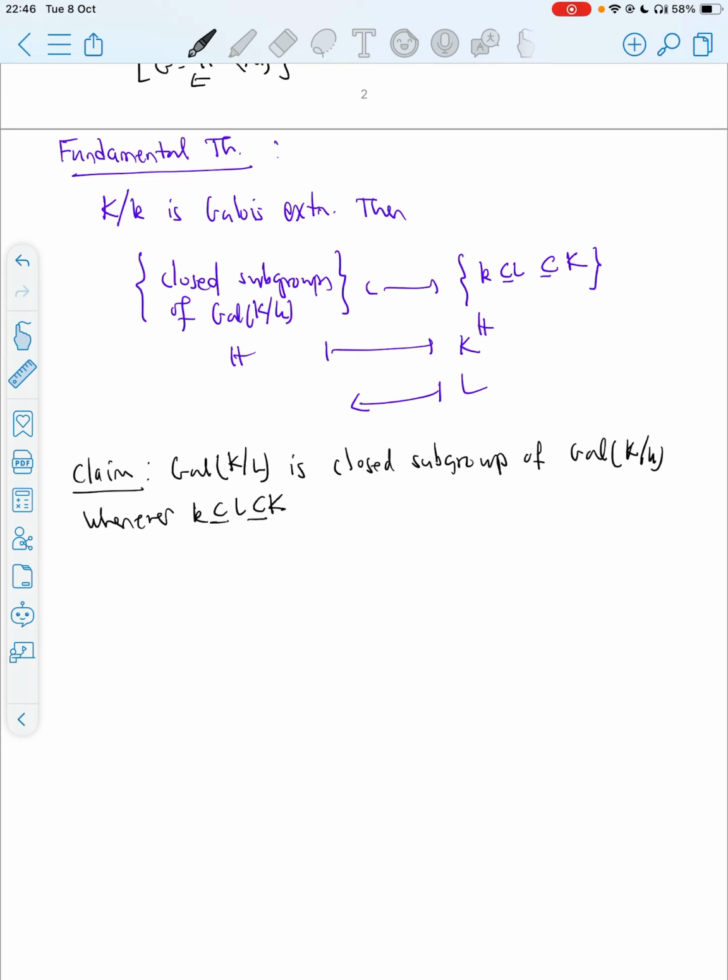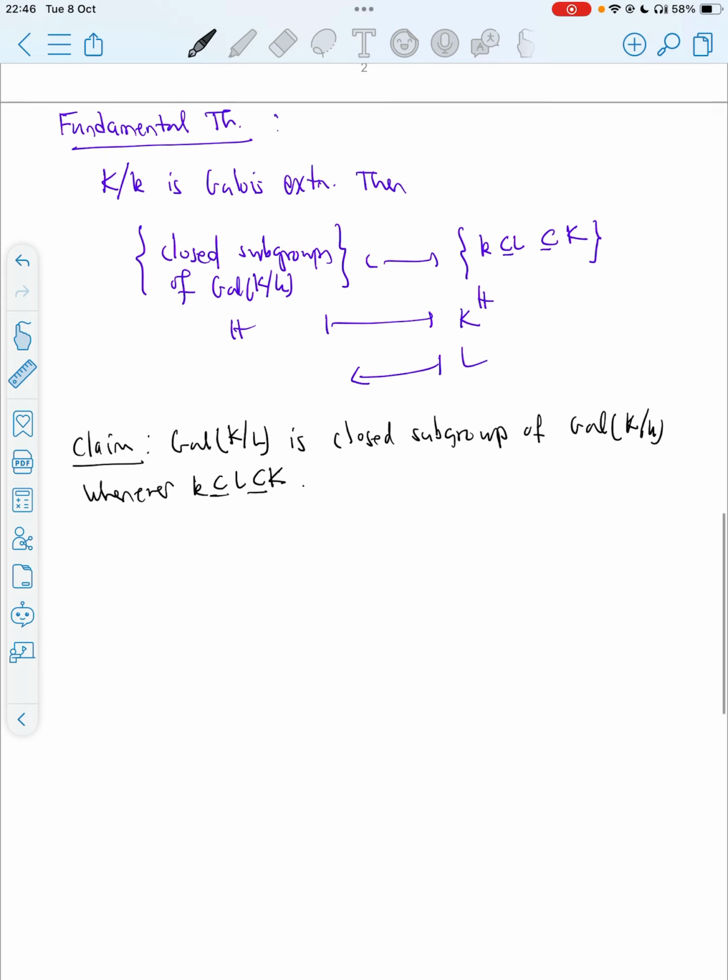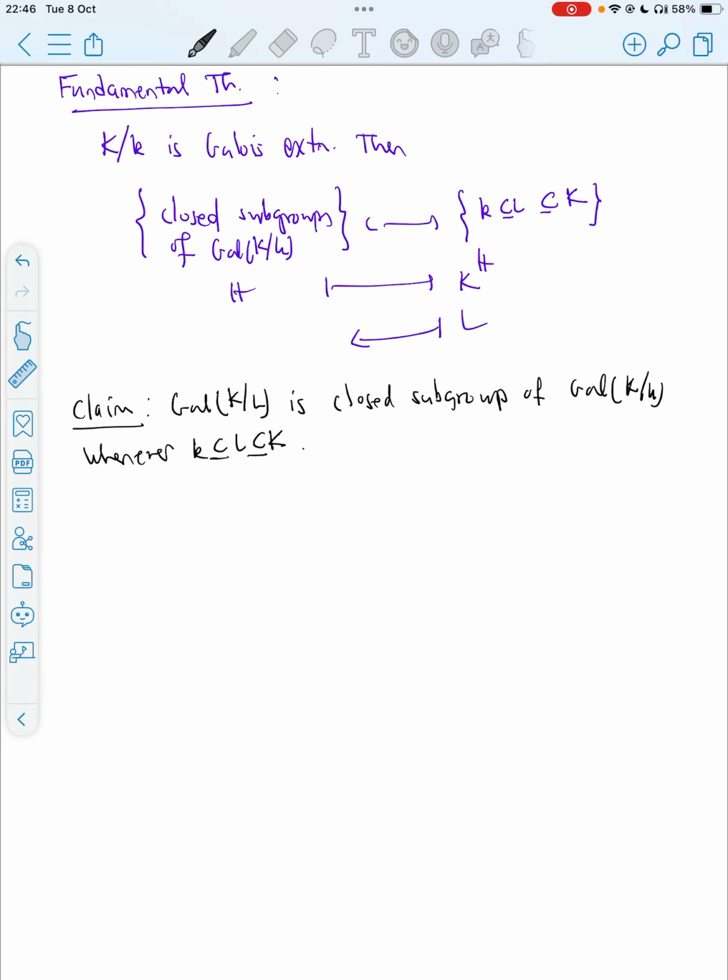So how will you show it? To show it's a closed set, in other words, its complement should be open. So just start with a point in the complement.